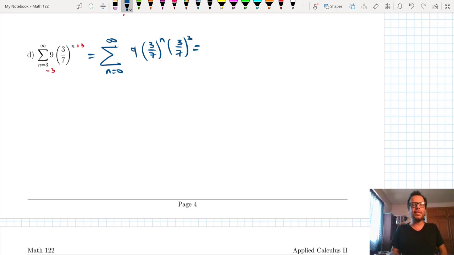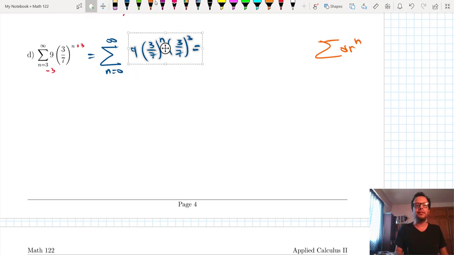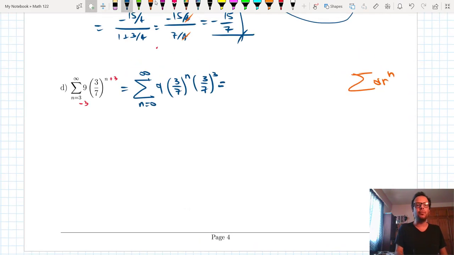Okay, let's simplify this because our goal is to make this look in the form of sigma ar^n, which is not yet the form. We're almost there, but it's not quite yet. Okay, so let's take a couple steps. Number 1, let's cube both numbers that we have here.